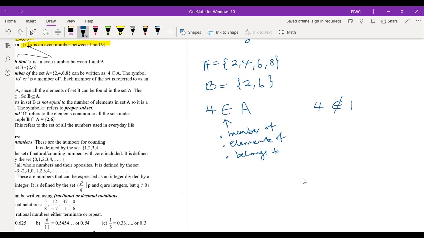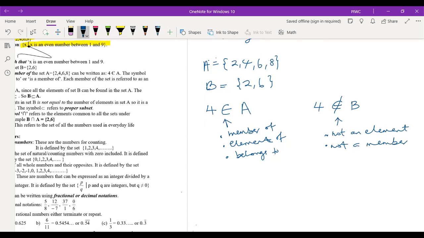It's not an element of the set B. So this symbol here means is not an element or not a member of the set, or does not belong to. Okay, great.